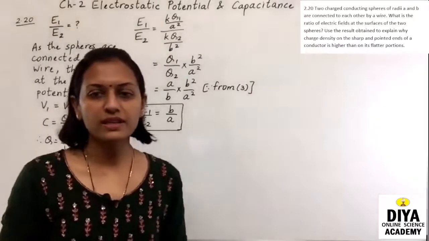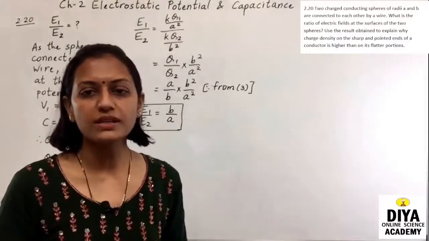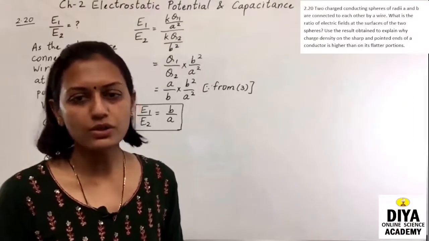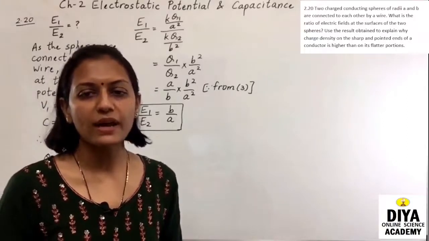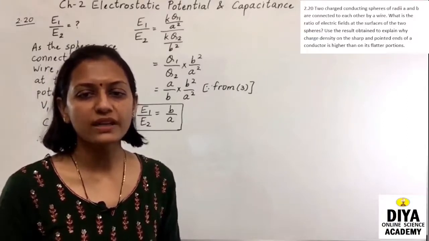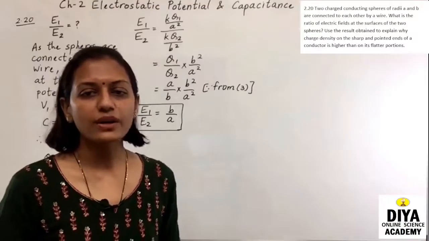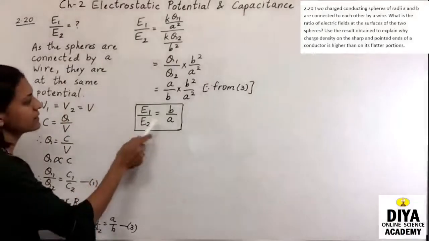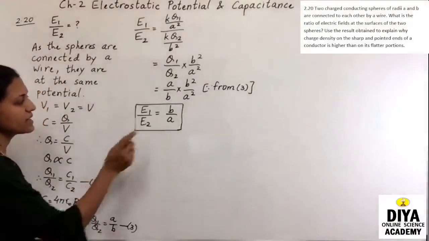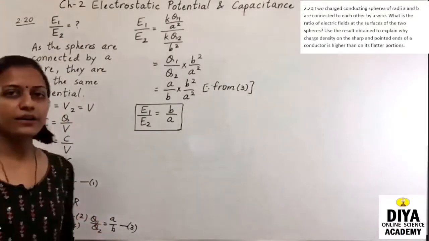Now further it has been asked, use the result obtained to explain why the charge density on the sharp and pointed ends of the conductor is higher than on its flatter portion. So here you can see that electric field is inversely proportionate to the radius.